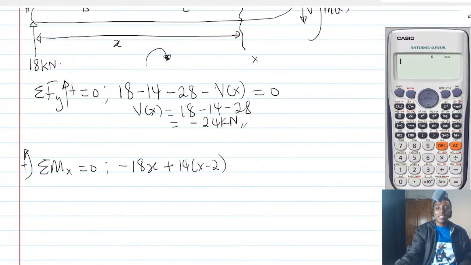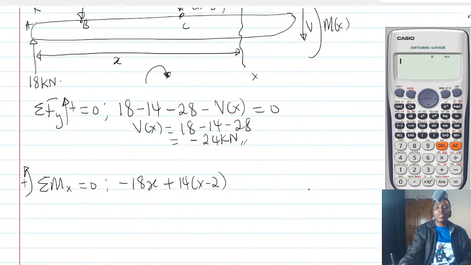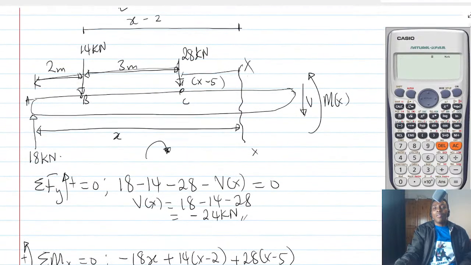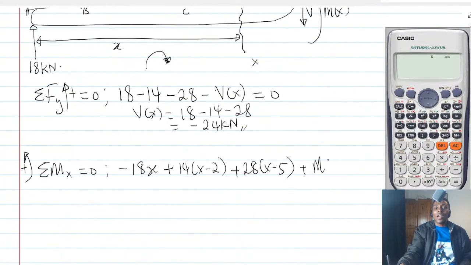But then let's check. That one is also going to be counterclockwise. So plus 28 into x minus 5. We have not added the moment. So the moment is also plus M of x, summing to 0.